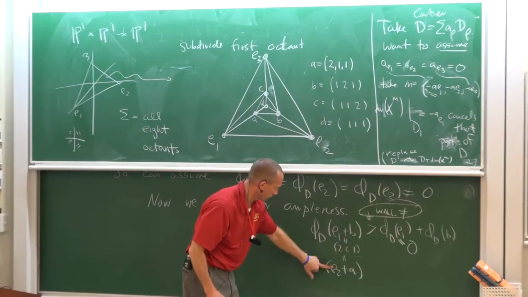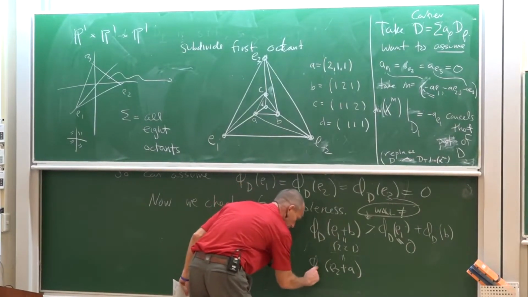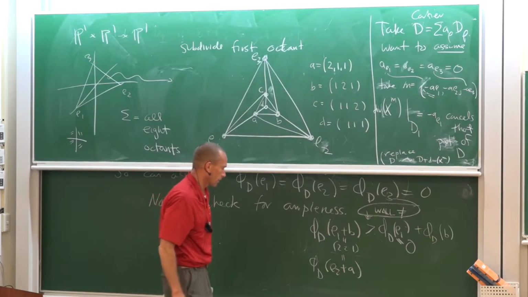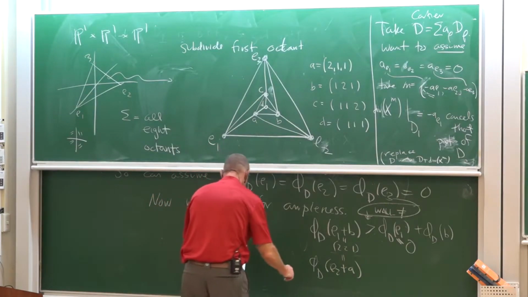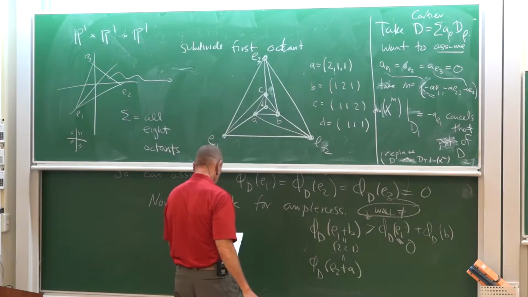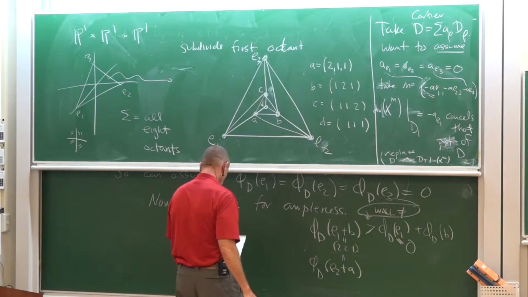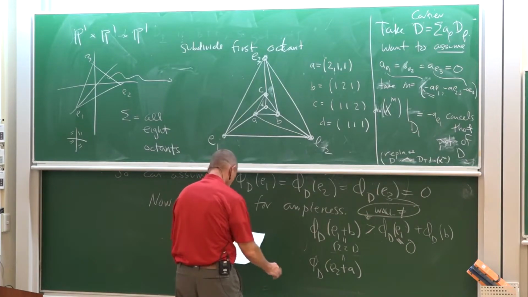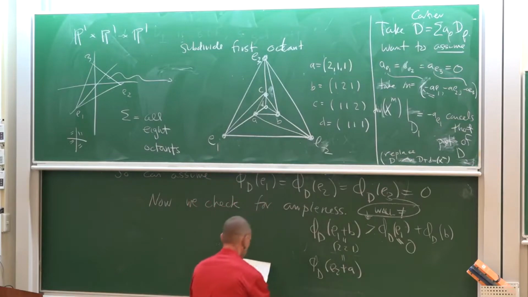So these are equal. That means phi sub D has to be equal on them. Phi sub D is just a functional, right? But then what do we know? This is also a wall condition. Which wall is this?